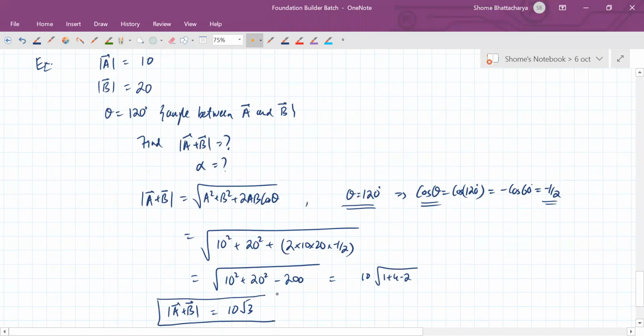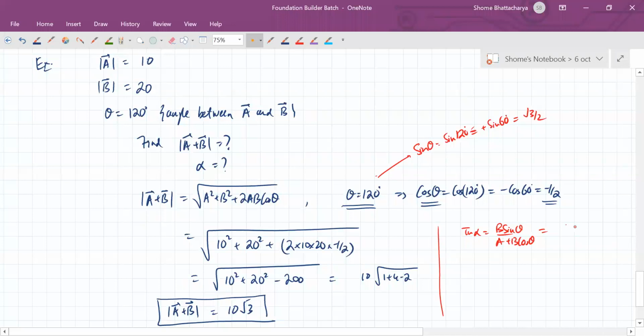Okay. And apart from this, we also use the formula tan alpha. So from this you can see that sine theta is sine 120, so that will be positive of sine 60. So that will be root 3 by 2. So just substitute that also here.